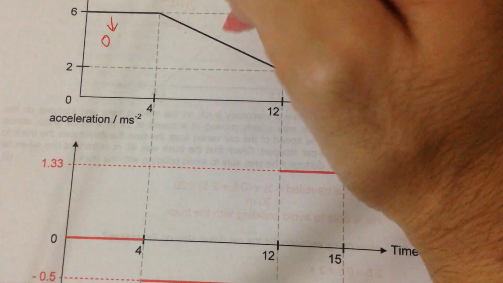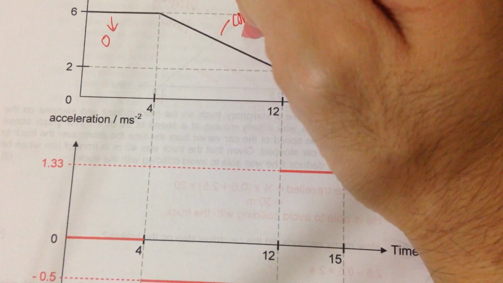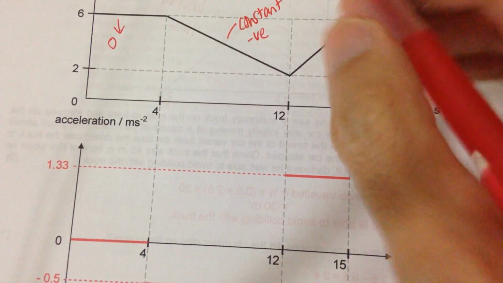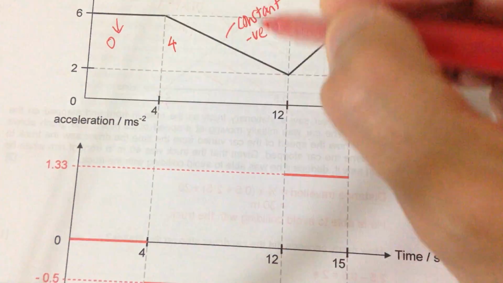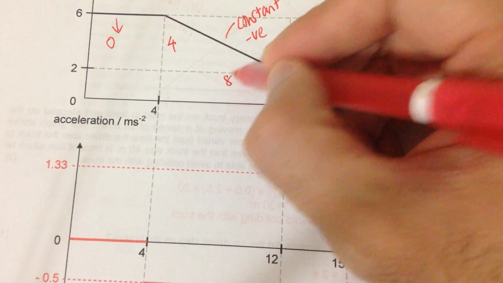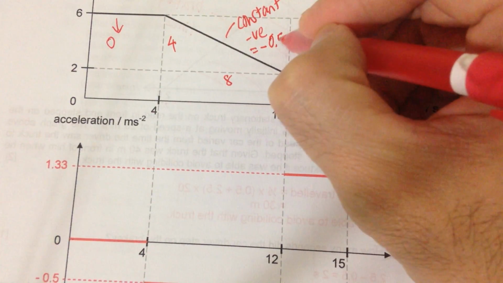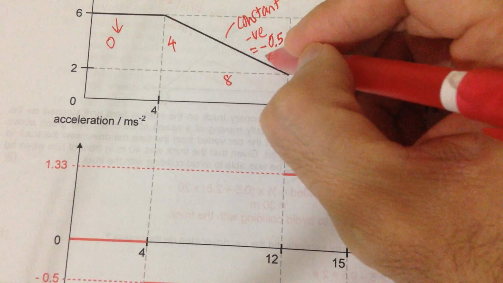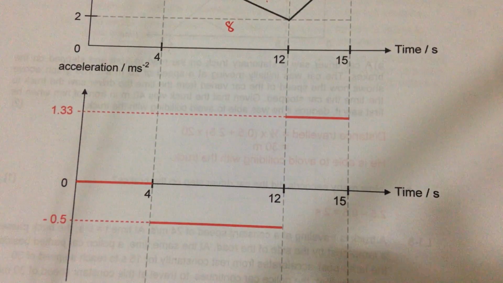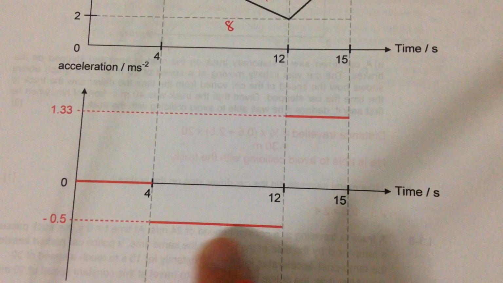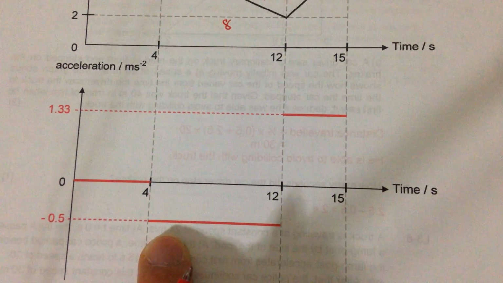We can solve it by calculating. The rise is 4, the run is 8, so the constant negative gradient is 0.5. So if this is constant negative at 0.5, we expect that from 4 to 12, the acceleration is negative 0.5 meters per second squared.